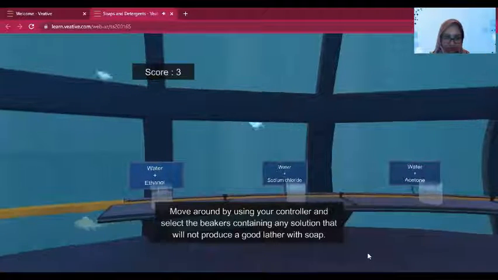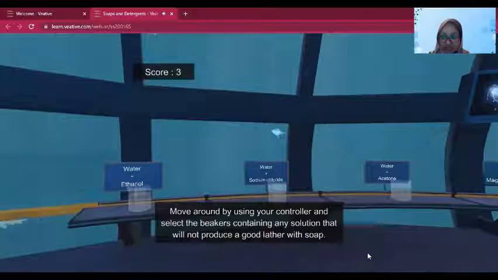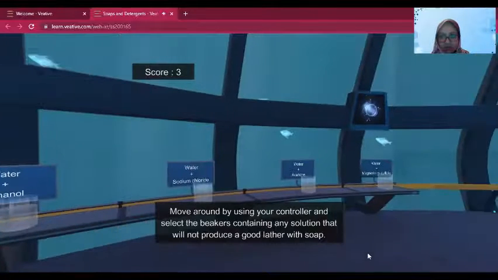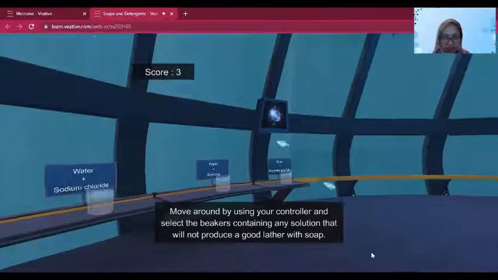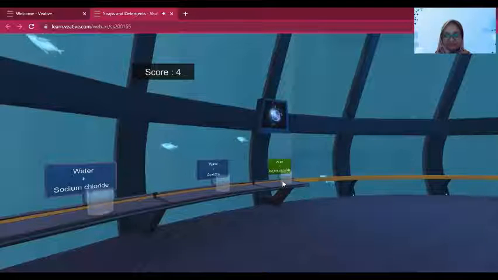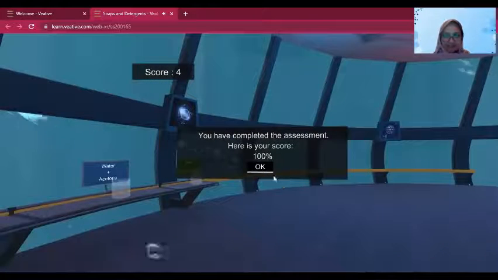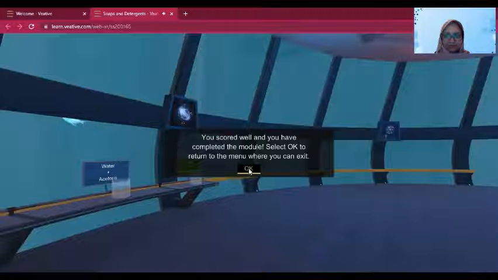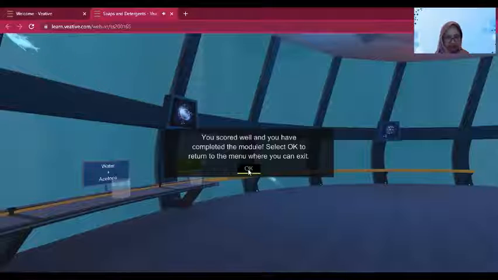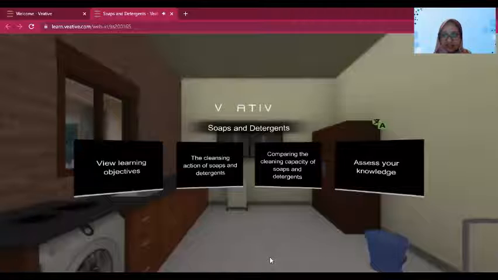So you see, water and ethanol is a no-no. Sodium chloride is actually table salt that we use at home. Water and acetone, water and magnesium sulfate. Magnesium, right? Good job. You're done. Good job.